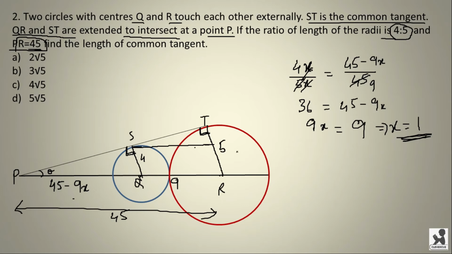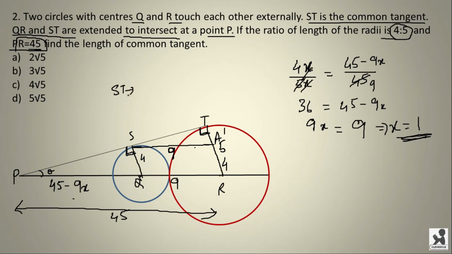So if we name this point as A, SARQ will be a parallelogram. So this side SA is 9, and the length of side TA is 1, because this is 5 minus 1, because AR is 4.